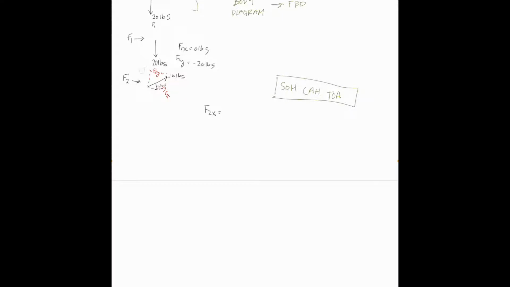So it's going to be positive 10 pounds times the cosine of 45 degrees. And that's because of this middle part of SOHCAHTOA. So we know that the cosine of 45 equals adjacent, which is F2X, all over hypotenuse, which is 10 pounds. So you can rearrange this to get this. A lot of times we just skip this step right here because we can go straight to here. But this is how we got to here.